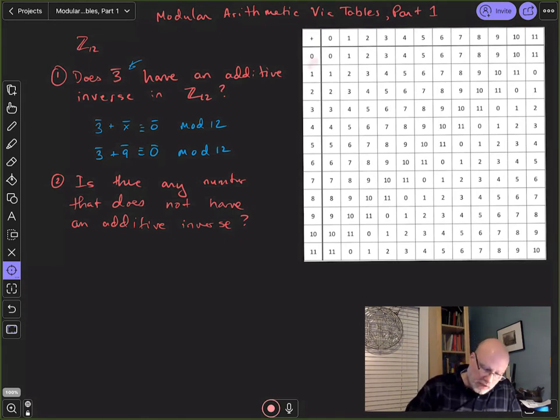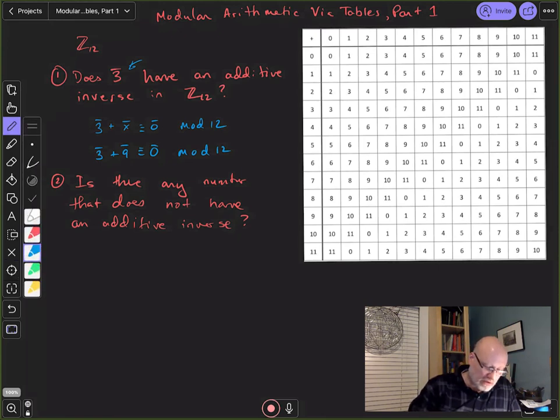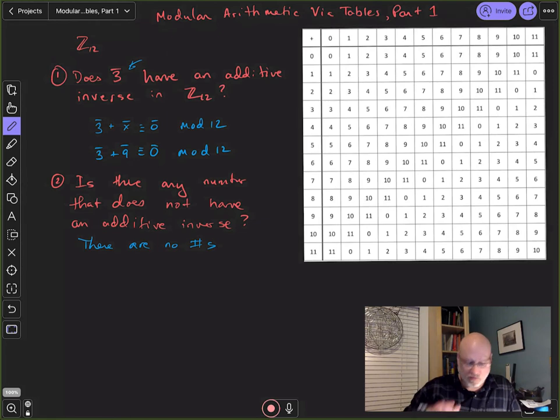As I look here, clearly in the first row we have 0 as the first one, and in the second one, if I come all the way to the end. But then here's where our symmetry comes in. Notice that the diagonal puts a 0 in every single row after that. So we can answer that question in the negative. In other words, there are no numbers that do not have additive inverses.